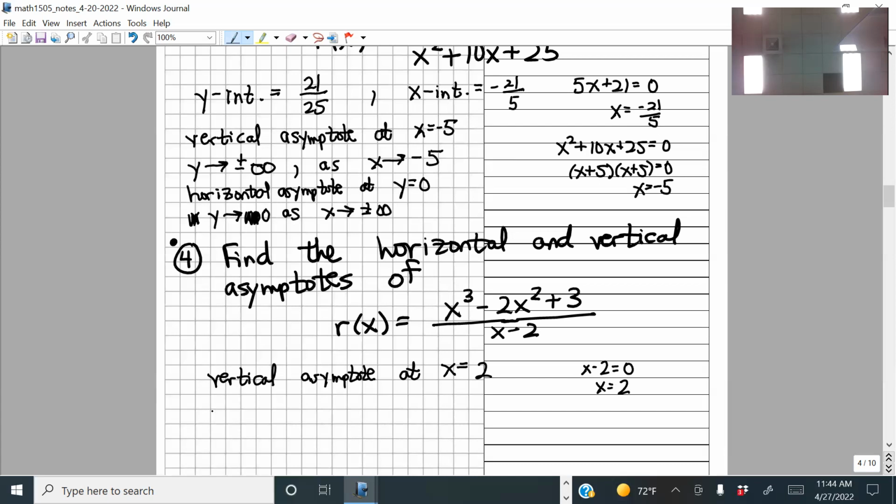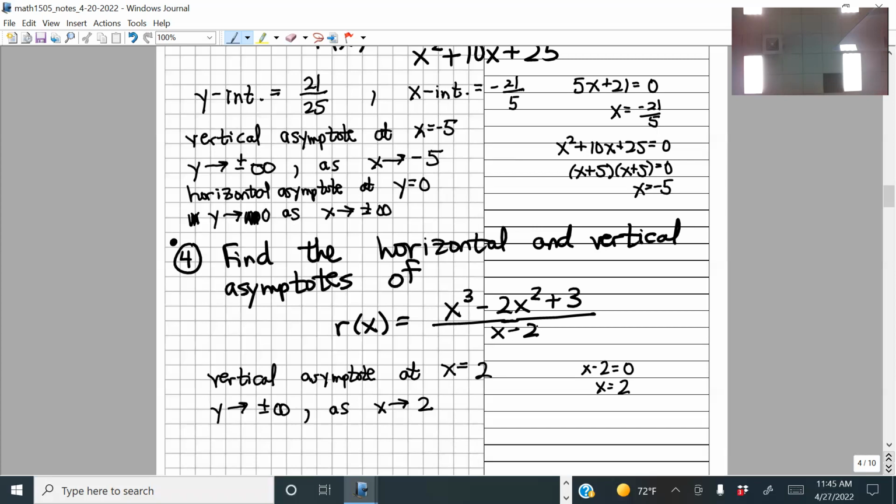So this tells us what? That y is going to be approaching plus or minus infinity, right? As x approaches 2. We'll look at the graph in just a second and verify that, but that must be the case, right? Because obviously 2 is not in the domain of this function.